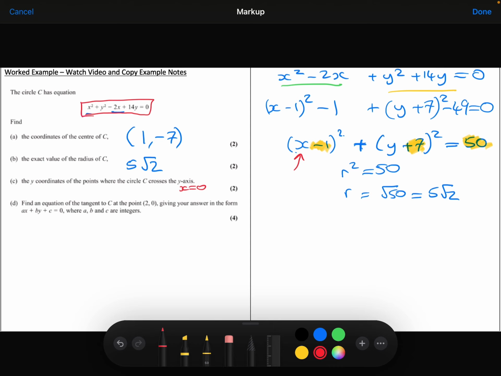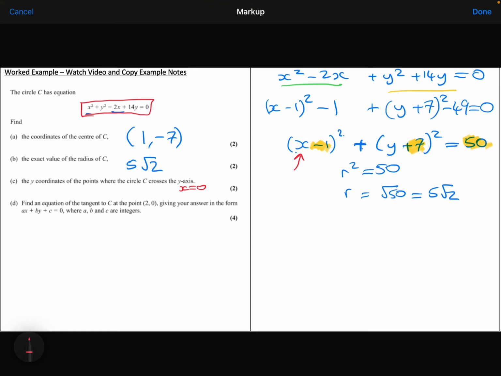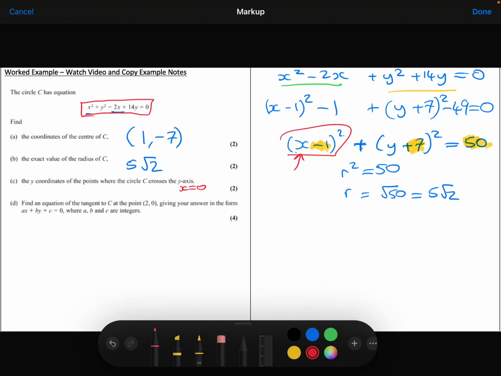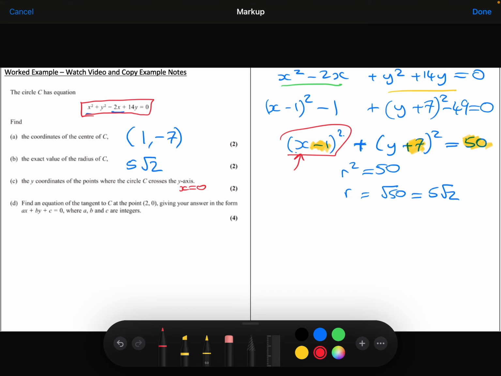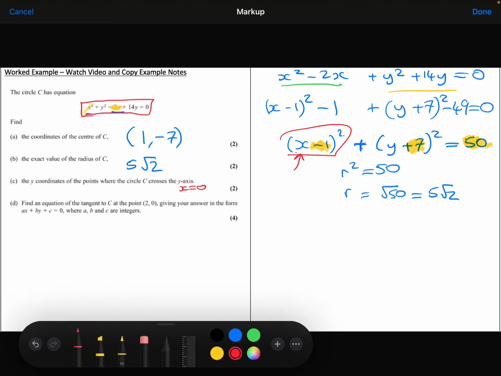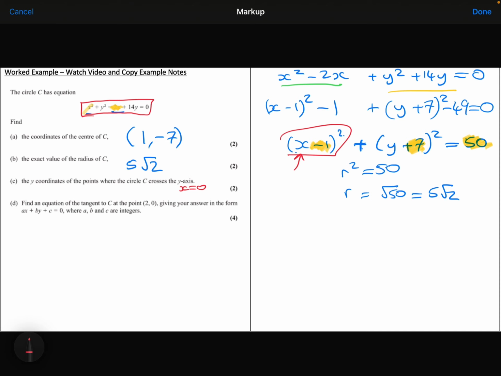I'm going to do that. I think that's easier, because that will mean I don't need to expand these brackets. So I am going to substitute 0 here instead of the x, and here instead of the x. So that's going to leave me with a nice simple equation, y squared plus 14y equals 0.